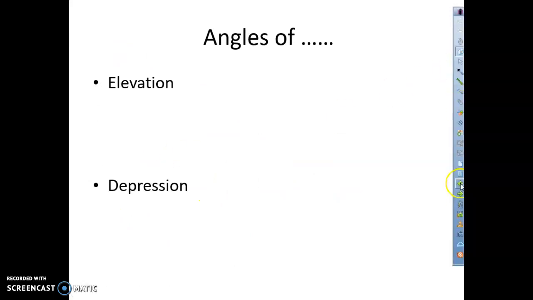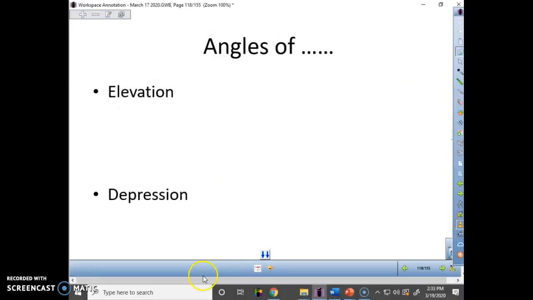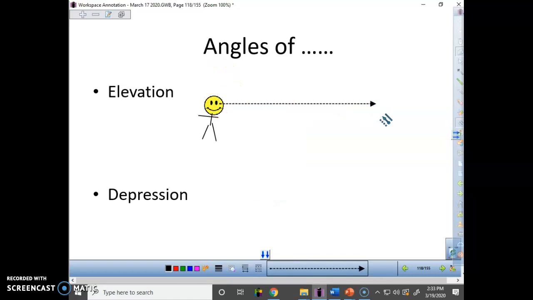Okay, angles of elevation and angles of depression. What we're going to do is you've got this little guy here. We'll make our stick figure. And he's standing around. If he looks flat, straight forward, we consider that 0. That's a flat line.